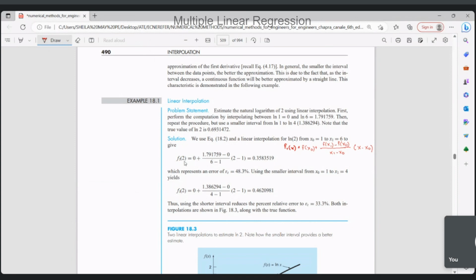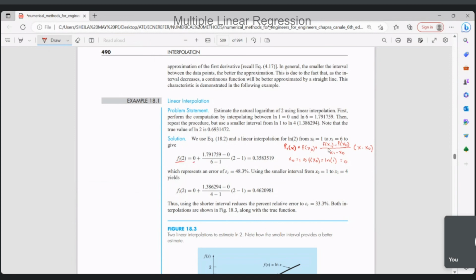First is the function of x sub 0. What is x sub 0? Isn't it 1? Right? x sub 0 is 1. So therefore, function of x sub 0 is ln of 1, and that's 0.